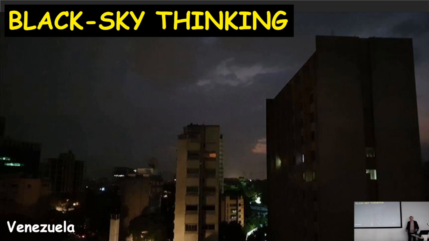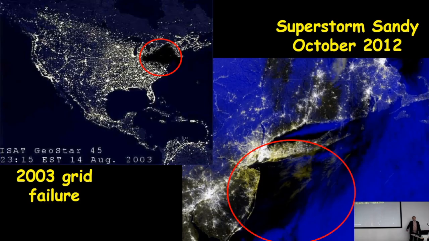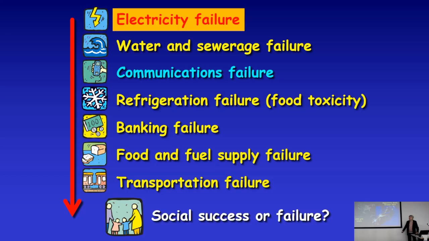2003, Italy propagated the blackout from the Alps to Western Sicily, etc. And here are some grid failures, for example. You can see them at night from the sky. Those are urban areas, the black bits, urbanized places. Right.